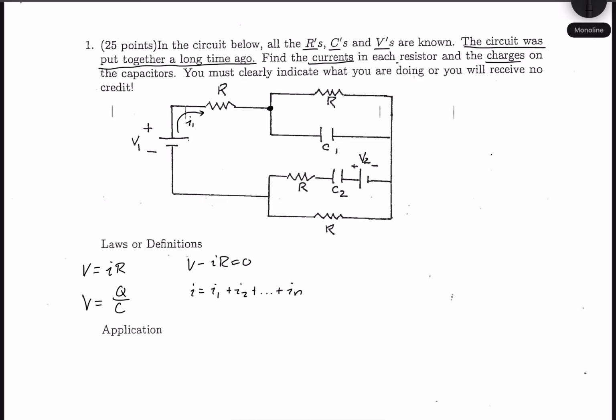That's usually what that means. Steady state means that the capacitors should be fully charged, and when the capacitors are fully charged, current can't flow across the part of the circuit the capacitor is on.